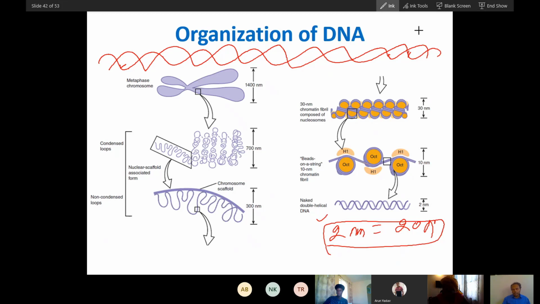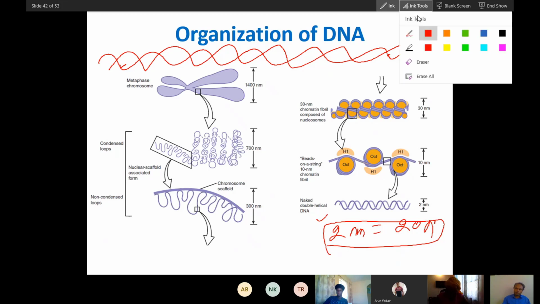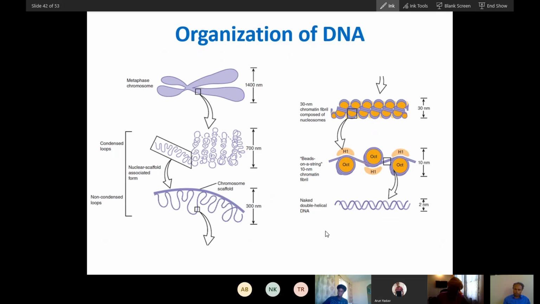Consider this as the DNA strand. So this is 2 nanometer. This will fold here on some bead. We will talk about this bead later. So it will fold like this. This is a bead.